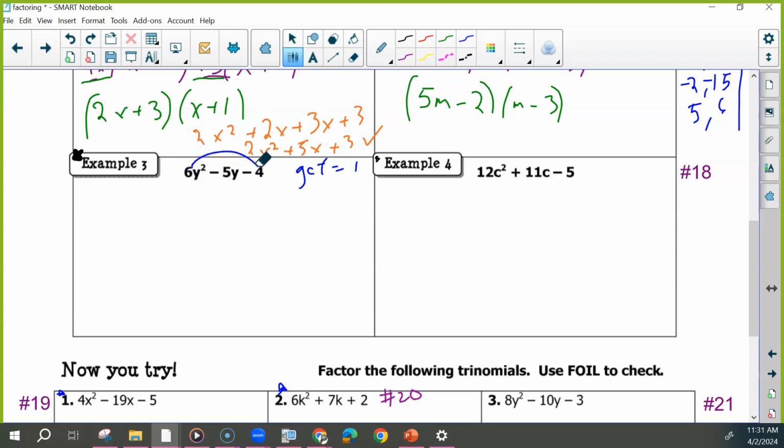Negative 24. But I'll just put 24. And then find factors of 24. I heard 6 and 4. 3 and 8. I heard 12 and 2. 24 and 1.